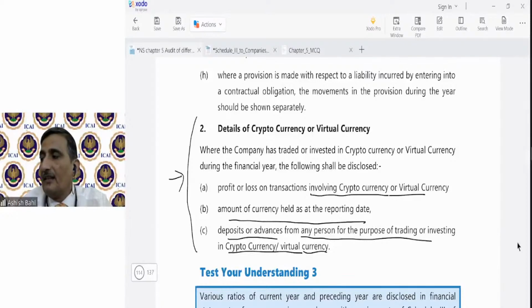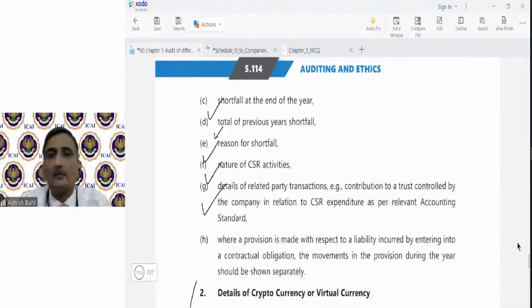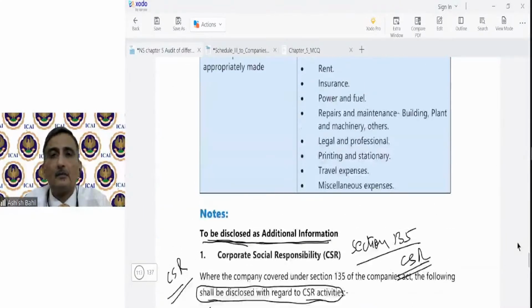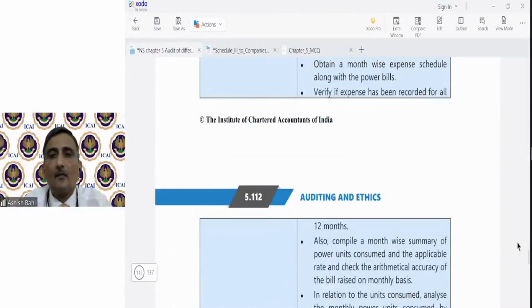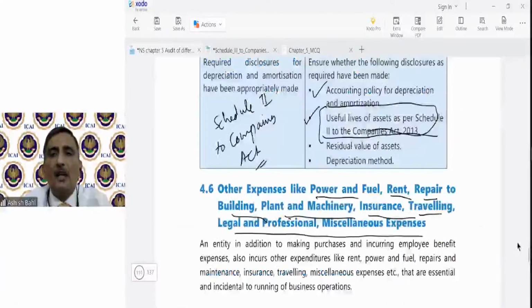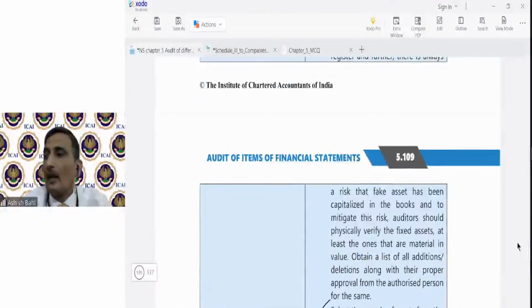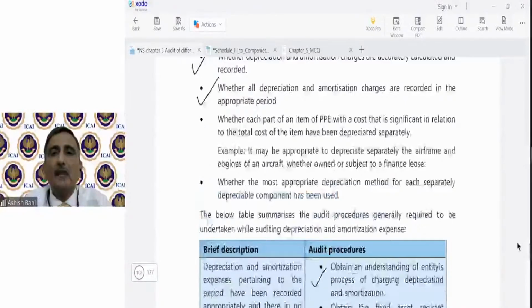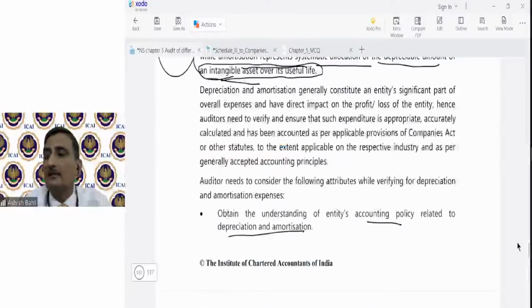So fair enough, guys. Yes. Now, students, have you done AS29 in your accountancy classes? Yes.